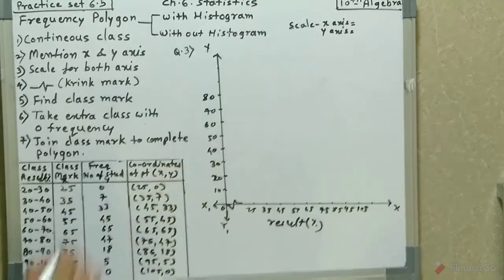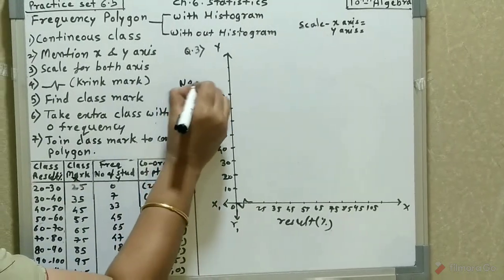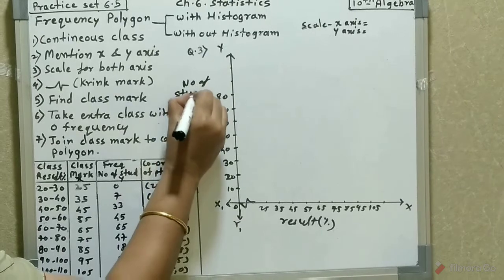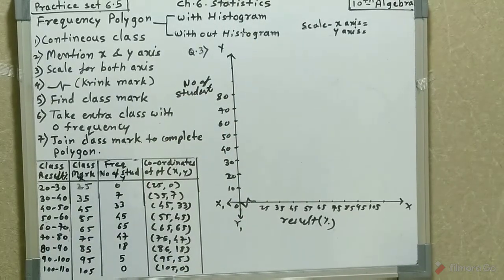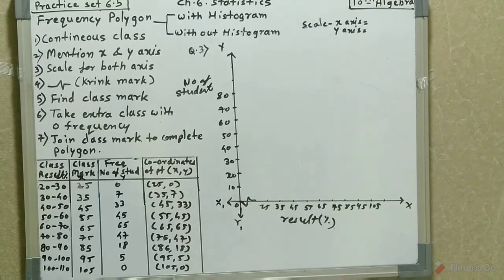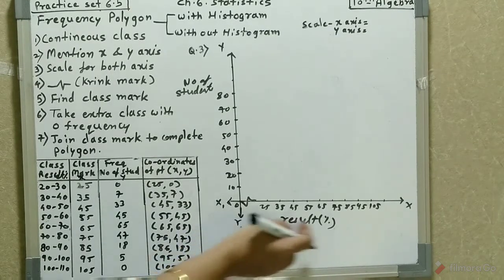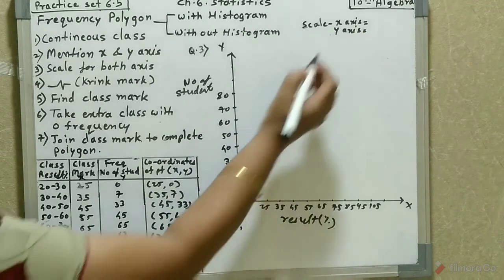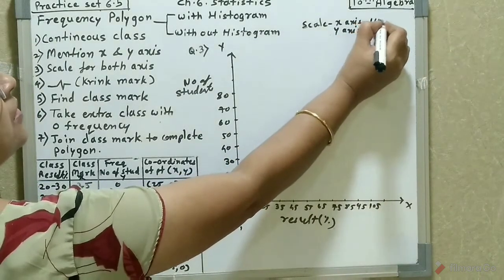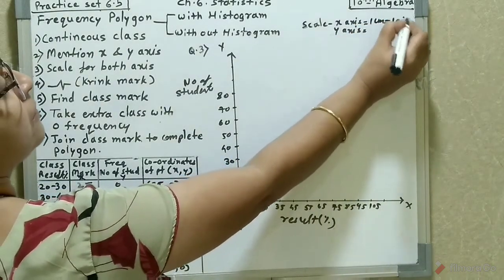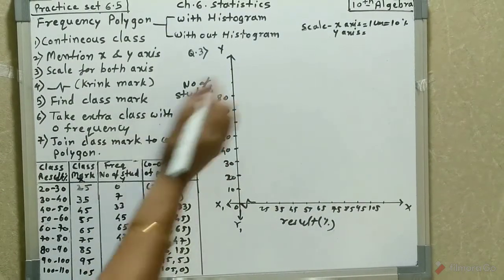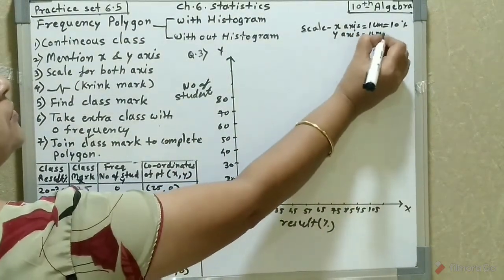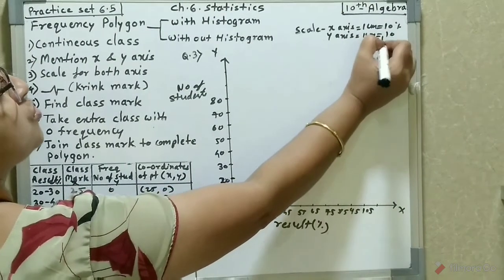So this is the number of students. Scale on the x-axis is 1 centimeter equal to 10%, and on the y-axis 1 centimeter equal to 10 students.